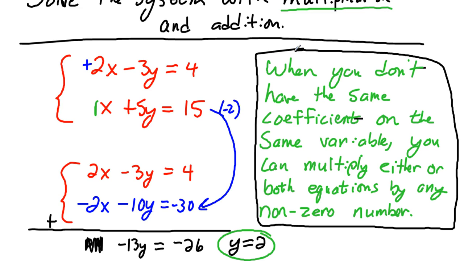Okay, so we've got y equals 2. And again, it doesn't matter which equation you pick. To me, it looks like equation 2 back up in the beginning might be the easier one, so we're going to plug that back into x plus 5y equals 15. We're going to do that on the next page because I'm out of room. So x plus 5y equals 15, and y was 2.